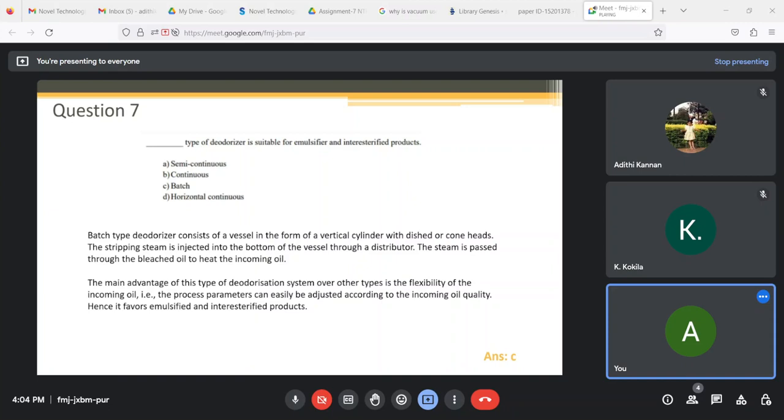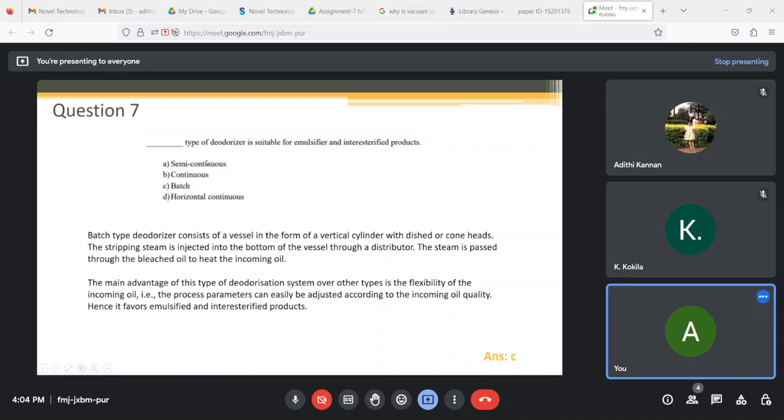You will first supply oil that will be in the vessel for a while, and then you can take out your emulsified or interesterified products separately. Based on the incoming oil quality, which you know in a batch process, you can change the process parameters, and hence you can specifically favor emulsified and interesterified products.